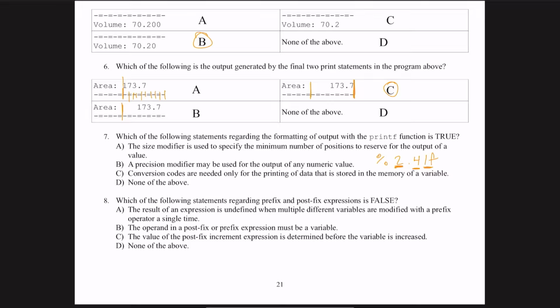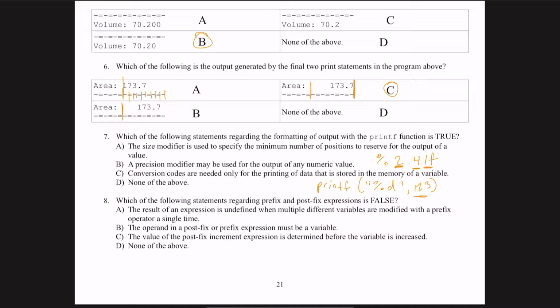C, conversion codes are needed only for the printing of data that is stored in the memory of a variable. Likewise, this is false. Even if we have a literal, let's say we have printf %d 123, we still need those codes to say what type of value we want to display 123 as.